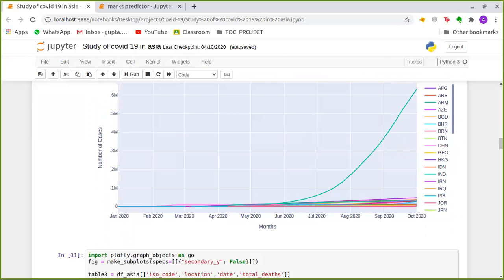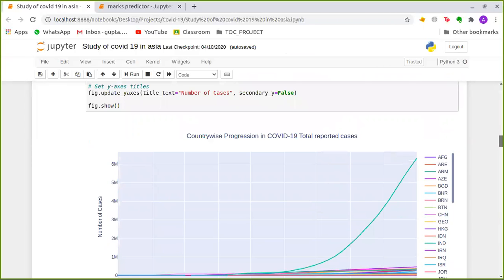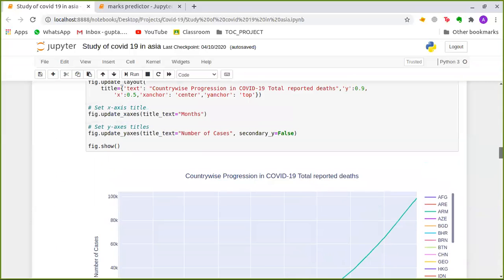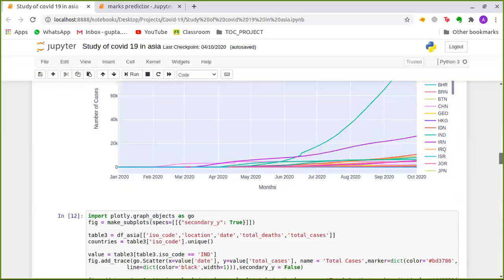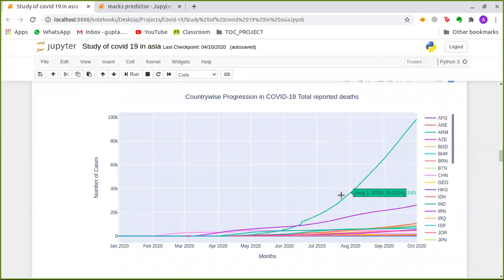This is another visualization that shows the country-wise progression of total reported cases of COVID-19. Since we know that India is the second most affected country of the world as of now, the graph also shows the same thing. Again, another graph shows the total number of reported deaths month-wise. Since we know India is the most affected country in terms of deaths as well.